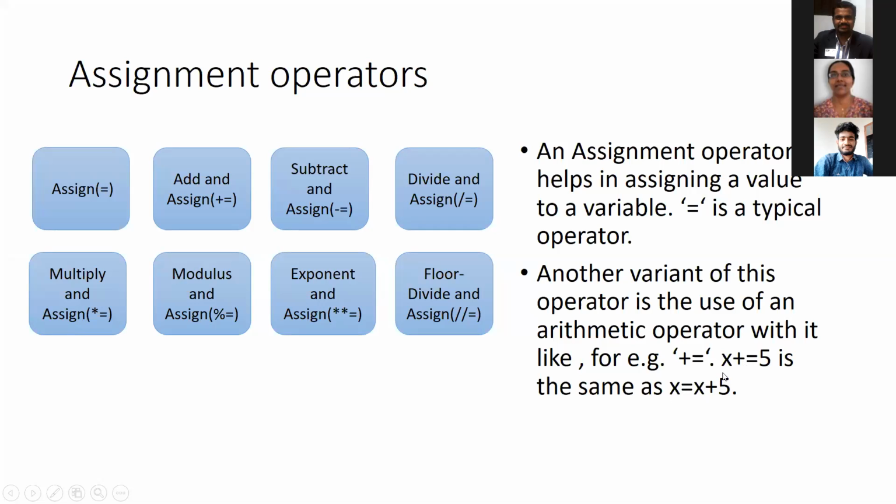Now the value of x has changed. For example, if the x value was 10 before, x plus equal to 5 means x equal to 10 plus 5, so the new value of x will be 15, right? Similarly, we can use minus equal to, divide equal to, and there are certain other variations as well.